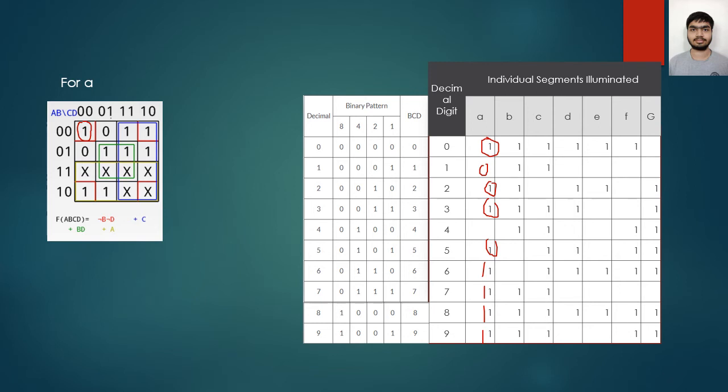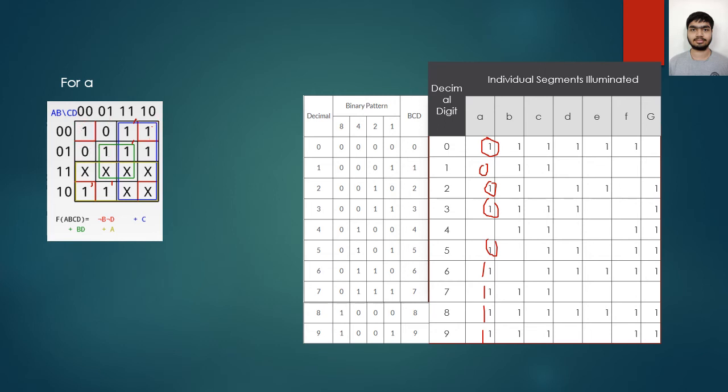Then for 2 and 3 it is 1, 1. Next for 4 it is 0. 5 is 1, 6 is 1, 7 is 1, then 8 is again 1, and 9 is 1. The rest are don't cares, as we don't need 10, 11, 12, etc.